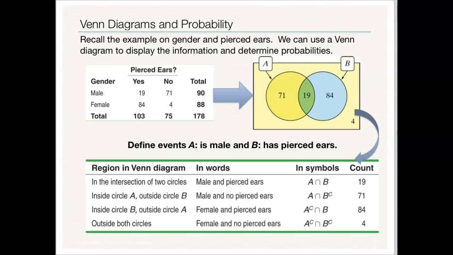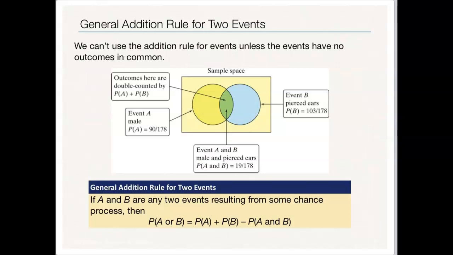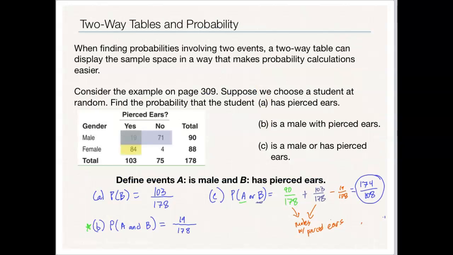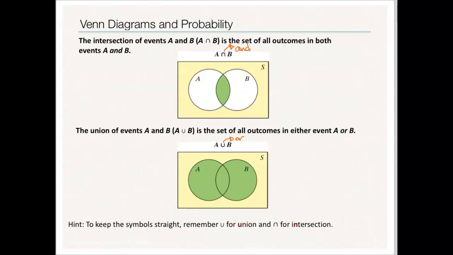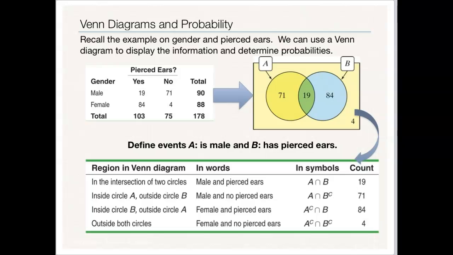So remember, event A represents, oh boy, I don't remember. Event A is male and B has pierced ears. All right.